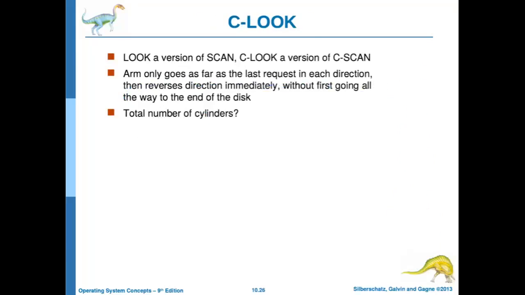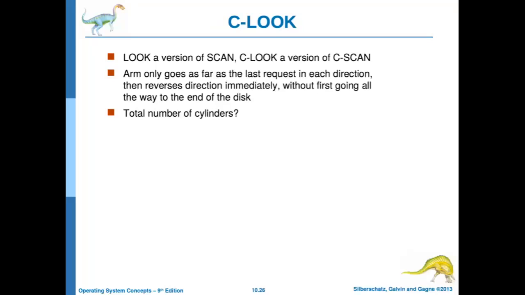Okay. The only thing in this algorithm is, rather than going to the end, it will go as far as the last request.